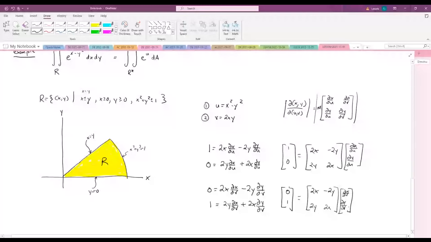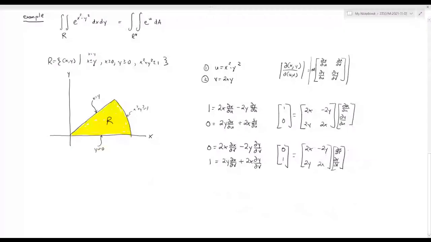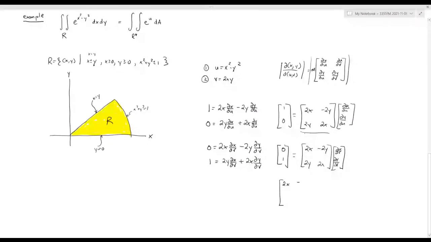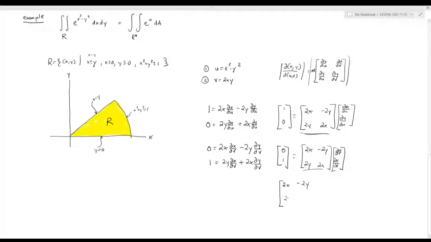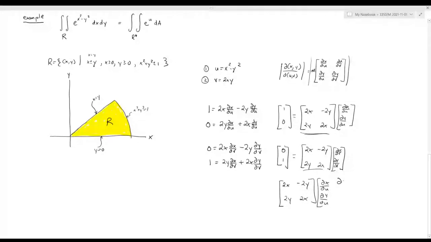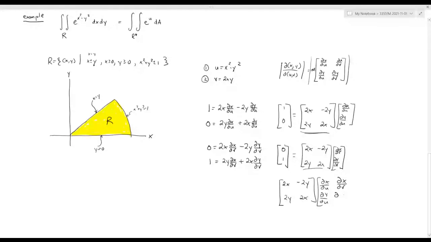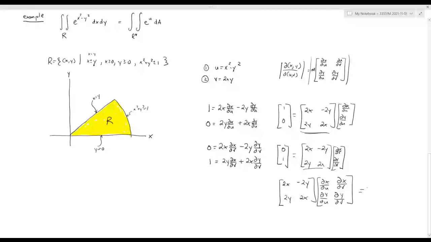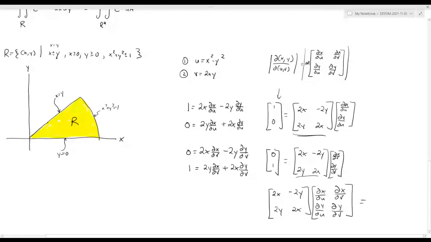Okay, and then we can put these together, right? It's the same matrix here. And that's equal to the identity, right? These columns are the columns of an identity matrix.